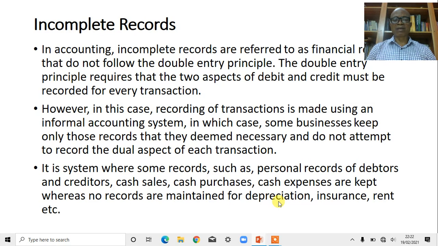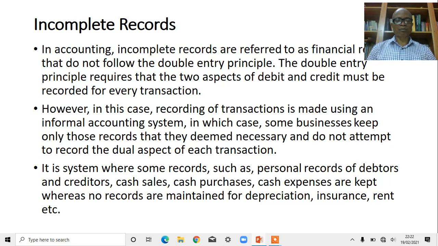Now, what do we mean by incomplete records? Incomplete records are financial records that do not follow the double entry principle. In accounting, it's expected that every transaction being recorded will be done in a twofold manner: one side debit and the other side credit.